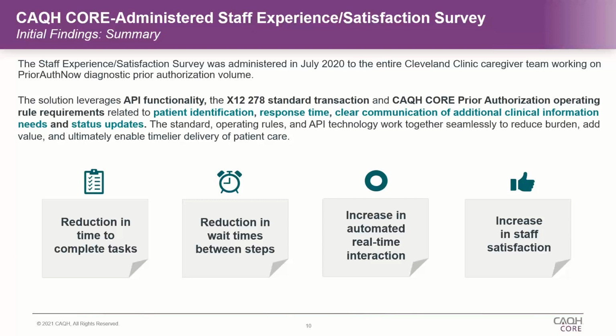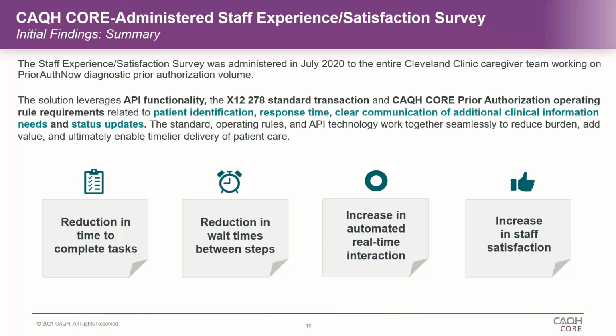So as you can imagine, with the work we did in the first case study and now moving into the second one, you see there's a reduction in time to complete tasks and a reduction in the wait times between steps. Even within that workflow, with all the multiple steps that take place, any reduction along any one, two, three, or four of those steps really helps bring more timely care to the patient.